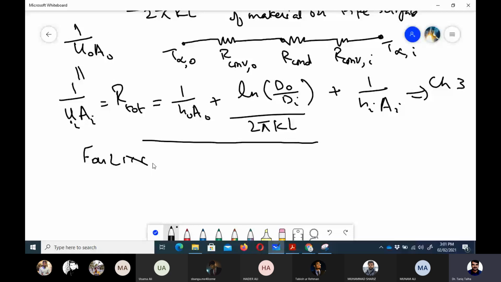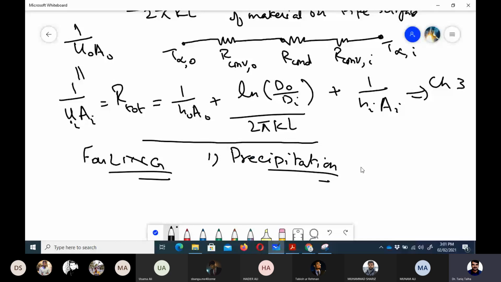Fouling. As I have told you, fouling is the deposition of some external material or substance on the pipe surface, whether on the interior surface or the exterior surface of the inner pipe. So now fouling has three different types. One is called precipitation.